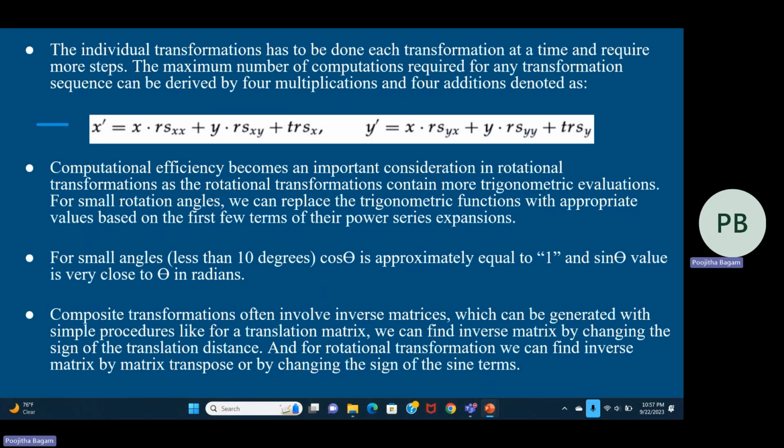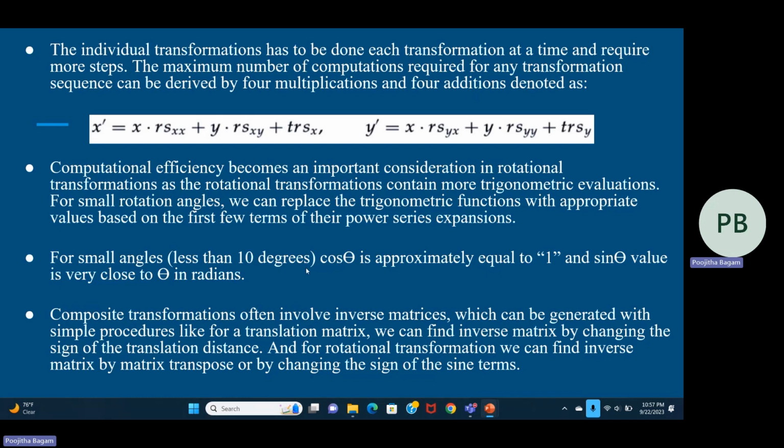So the individual transformations have to be done one transformation at a time and require more steps. Whereas homogeneous coordinates simplify the concatenation of multiple transformations, and in summary, they simplify many mathematical operations and make it easier to perform transformations.